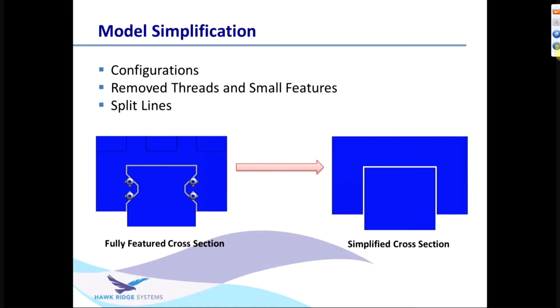So the question that comes up is whether to use the original files or make a separate model specifically for simulation. What we did for the ball screws and linear rails was utilize configurations in order to separate the fully featured detail model that the customer provided from the one that we will actually use in a study.